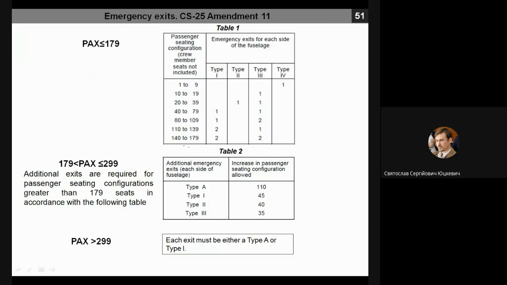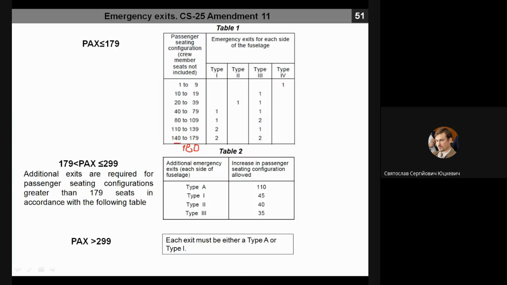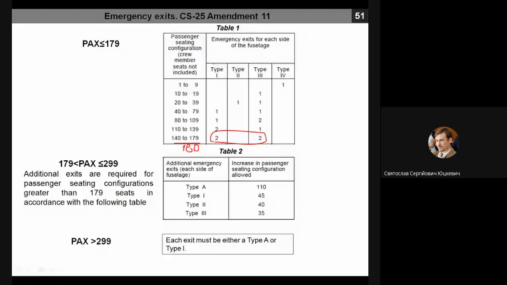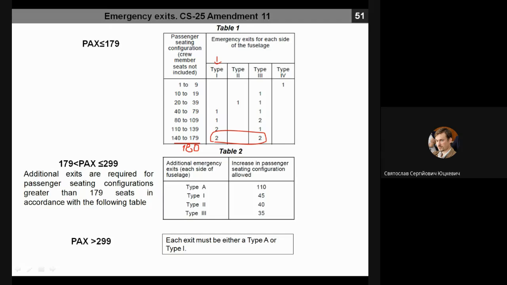But for Airbus 340 there are 180 passengers on the board, so it will be one extra passenger on the board, but they still use this approach. Why? They approved it by means of demonstration of test, and also they type 1, it will be oversized type 1.